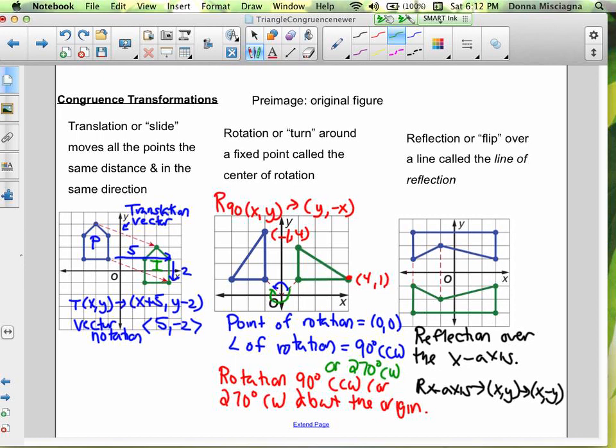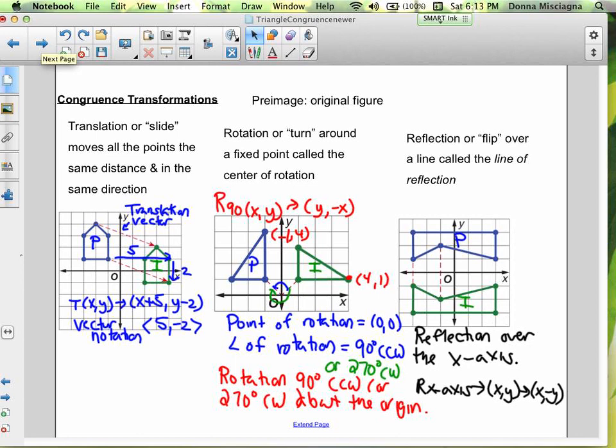The vector shows the movement, and we move from the pre-image to the image. So then we can probably assume that in all the cases here, the blue was the pre-image and the green was the image. But it wasn't going to change the transformation anyhow. It would change it on translation, but it wouldn't change it on a reflection or the rotation.